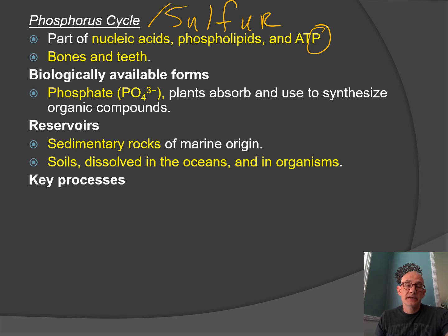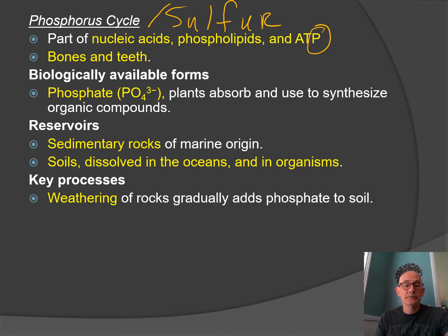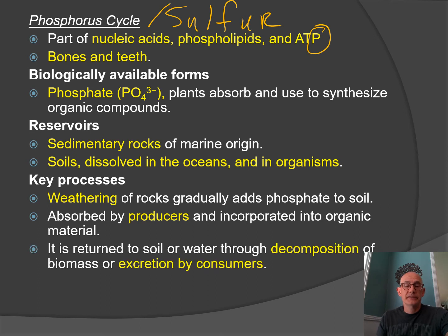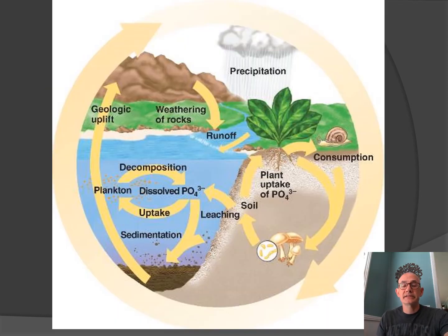Your key processes are releasing that sulfur and the phosphorus from the rock through erosion, wind, rain, freeze, fracture, etc. And then the producers absorb it, decomposition, and then it can go back to being rock by sedimentation, and the cycle continues. So it's basically this: you have weathering, runoff, plants absorb it, and you get your basic biological life cycle.